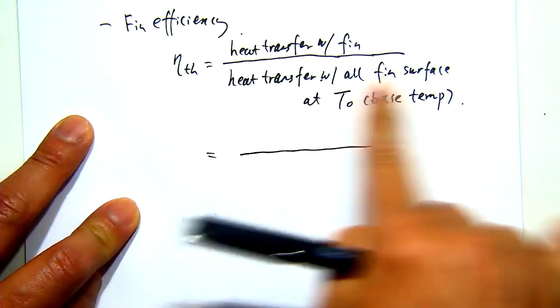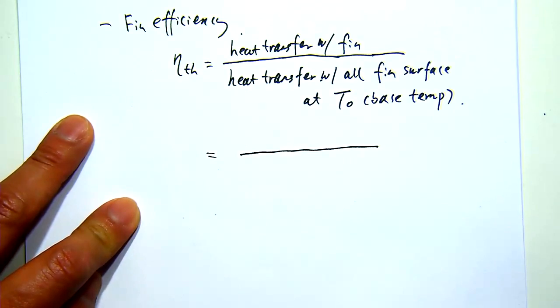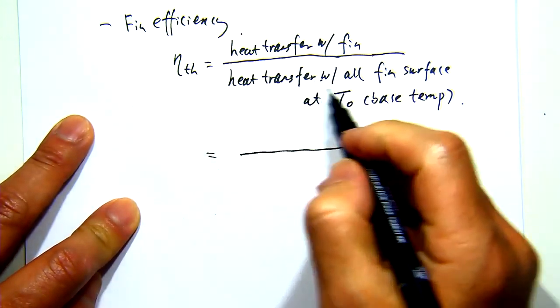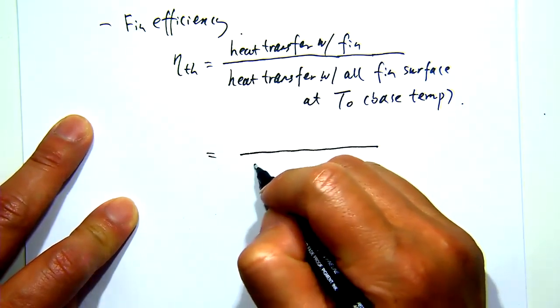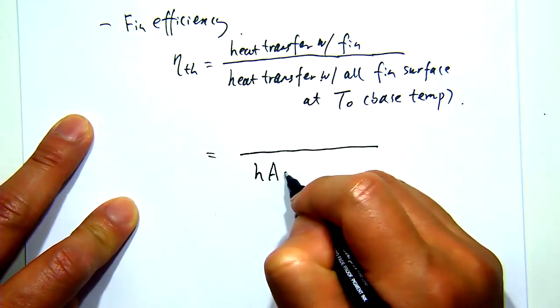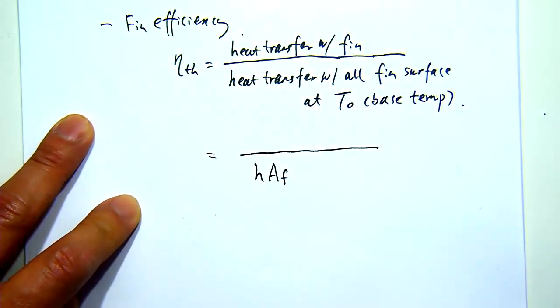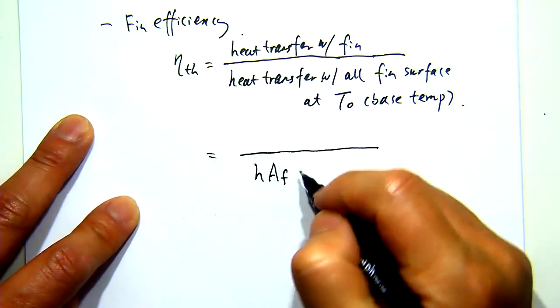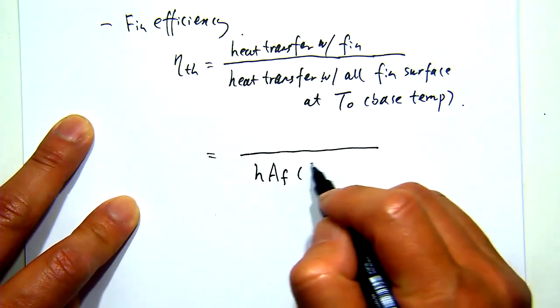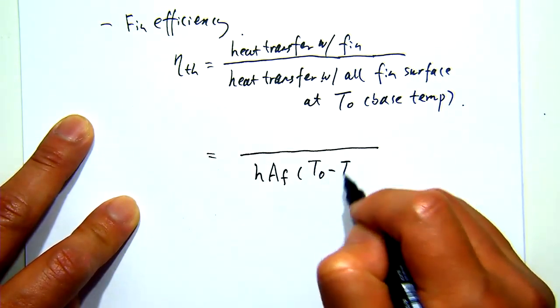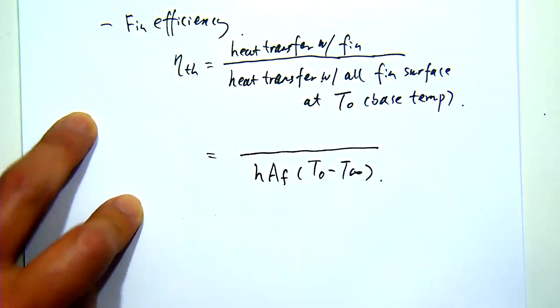If we consider the heat transfer for all the fin surface area, we have h times the area of the fin, and then the temperature difference is a constant, T0 minus T infinity.